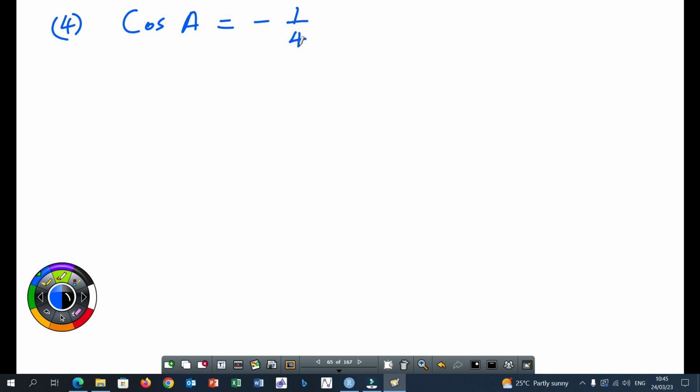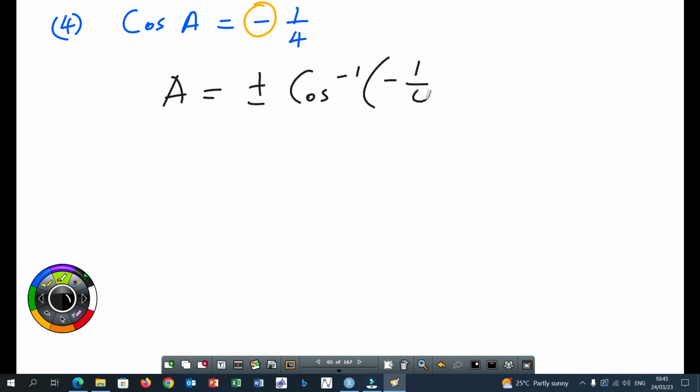Now, because this is cos, and the ratio is negative, we know that cos is negative in the second and the third quadrant. But whether we know that is not a big deal, formula, that's it. So right here, A equals plus or minus shift cosine of minus a quarter plus k times 360, where k is an integer.